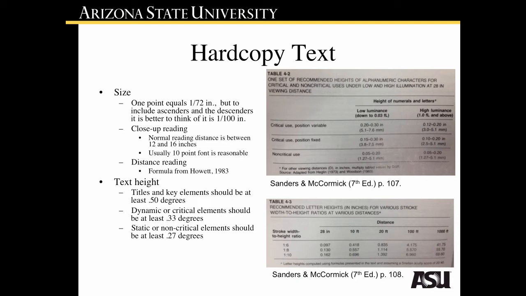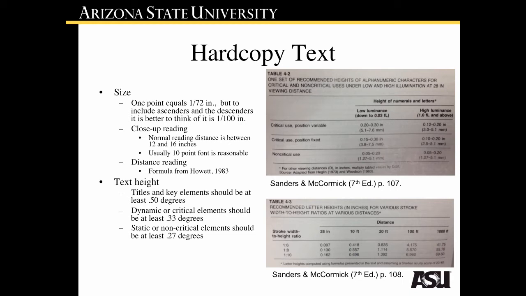And what you probably ought to know, you're probably familiar with 10 point and 12 point and 14 point and all that. 1 point basically equals 1/72 of an inch. On the other hand, to include ascenders and descenders, it's really better to think about it as 1/100th of an inch. An ascender is something like on an h, for example, it goes up past the first loop part of a lowercase h. A p has a part that drops below the line. Those are ascenders and descenders.